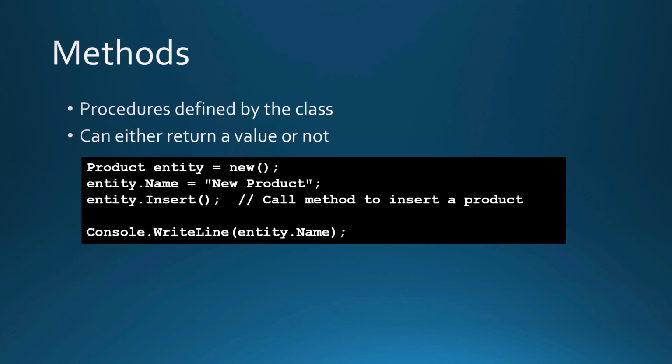We set the entity.Name, for instance, and we would probably set a lot of other properties. And then we might call a method used to insert a product into a table, for instance. So you might do entity.Insert open close parenthesis. Now you'll always know the difference between a method and a property, because for a property you don't put the open close parenthesis after. To call a method, you must use the open close parenthesis.